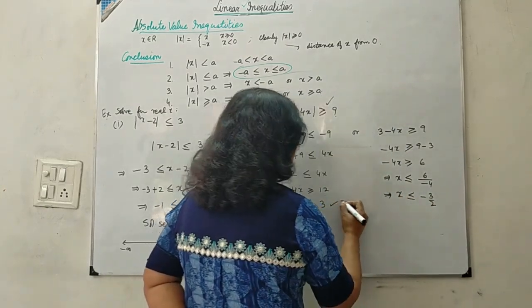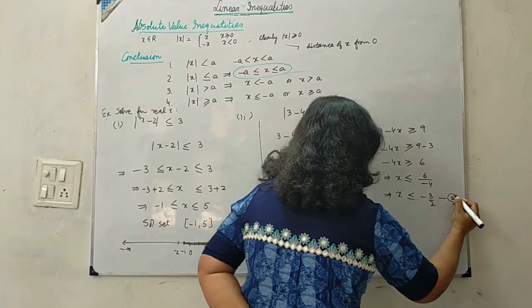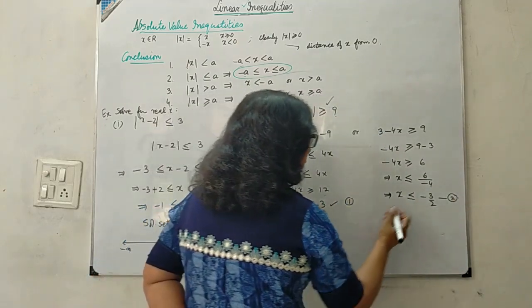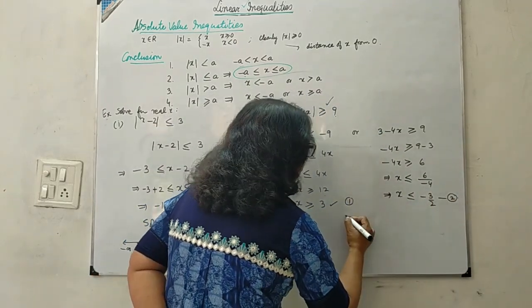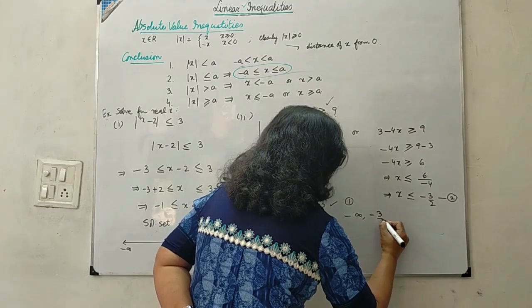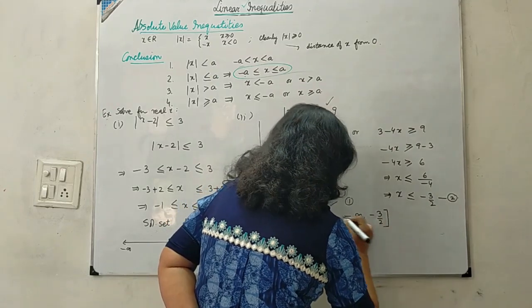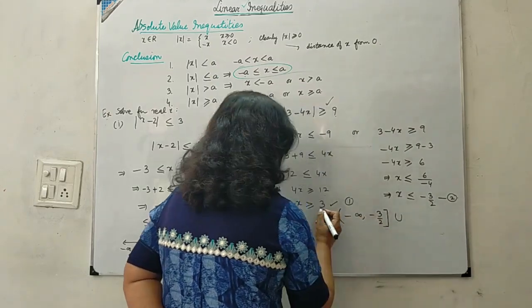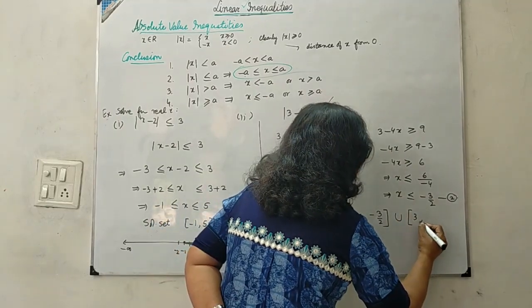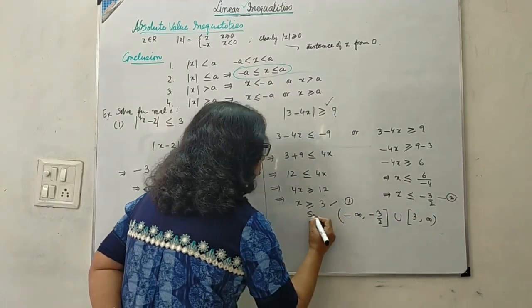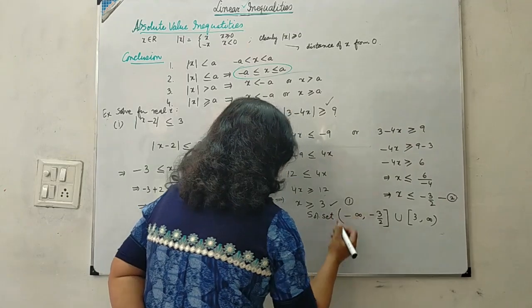Now combining these two, what will you see here? This is the union of minus infinity to minus 3 by 2 closed, and 3 to infinity. This is your solution set combining 1 and 2.